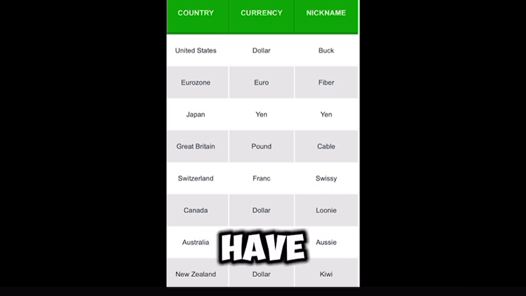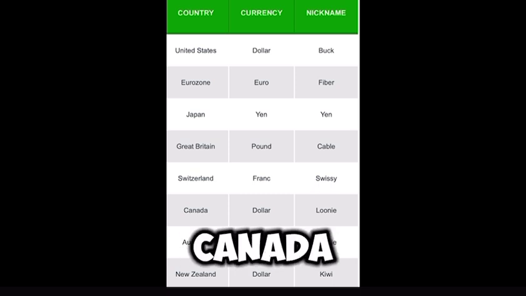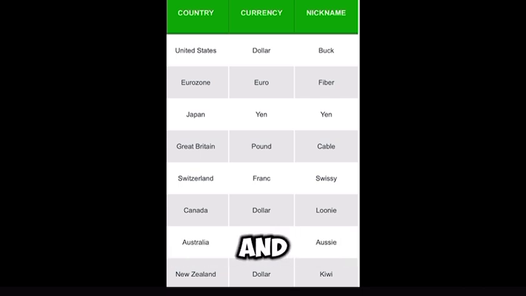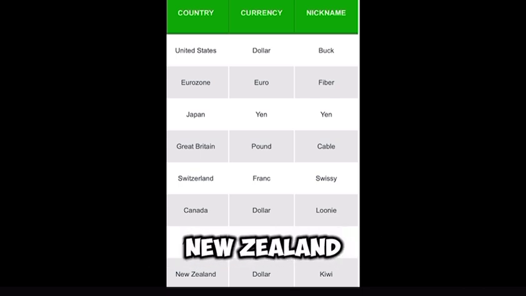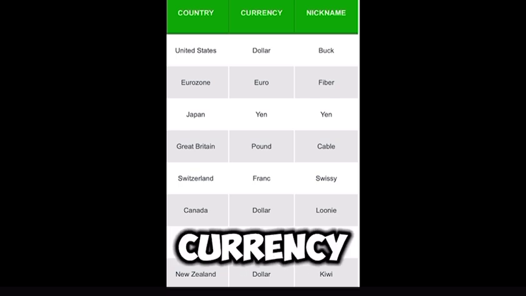And of course, we have three countries that use the name dollar as their form of currency, right? We have Canada, we have Australia, and we have New Zealand.